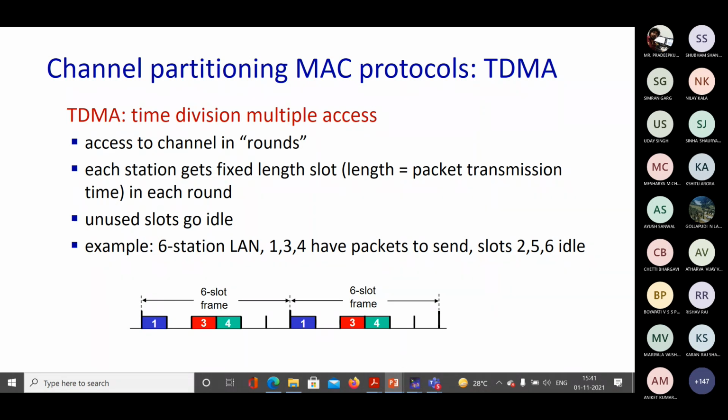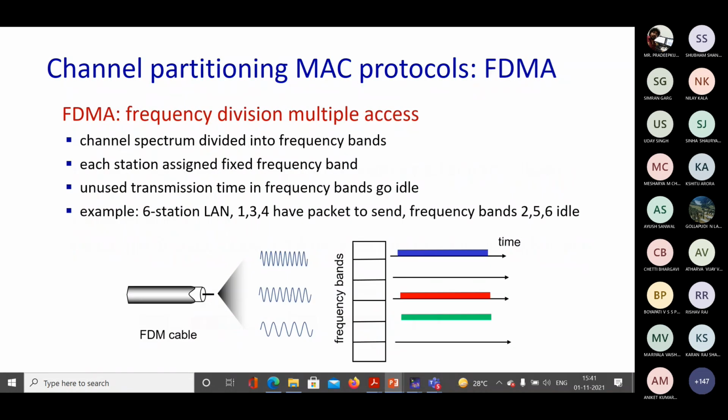Some examples of such channel partitioning protocols are the 6-station LAN, and here, let us take a look. 1, 3, and 4 are the different nodes which have packets to send, and they can send packets in different slots. But the other slots, that is 2, 5, and 6, are basically idle at that time.